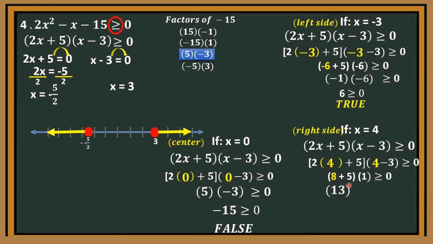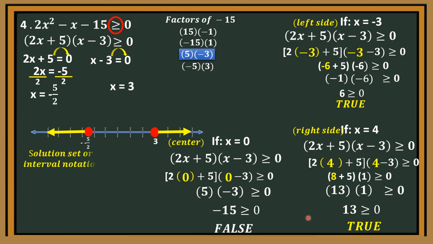Let us simplify it further. 8 plus 5, 13. Just copy 1. Greater than or equal to 0. Multiply the 2. The answer is 13. Is it greater than or equal to 0? Yes. So, the answer is true. Therefore, ang right side natin ay kasama. So, ibig sabihin, ang graph natin ay tama.